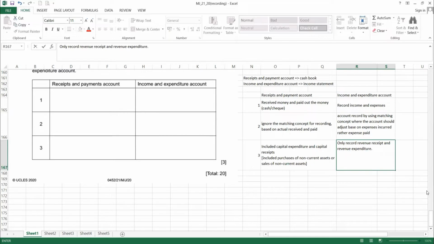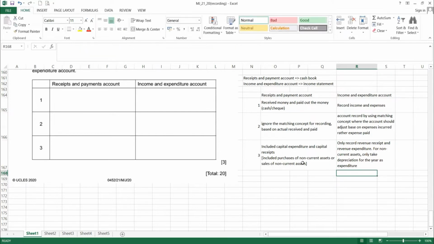For non-current asset, only take depreciation for the year as expenditure. Okay, so there is some idea about the receipt and income and expenditure.